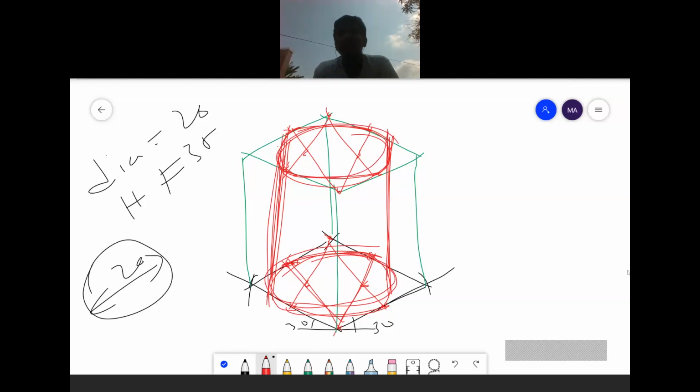All the other lines should be very light while constructing this cylinder, because those are all construction lines. In this way, you have to draw the cylinder in isometric projection. Understand?